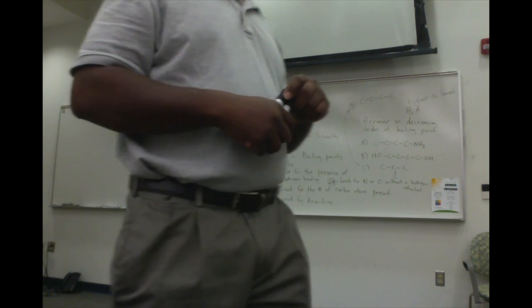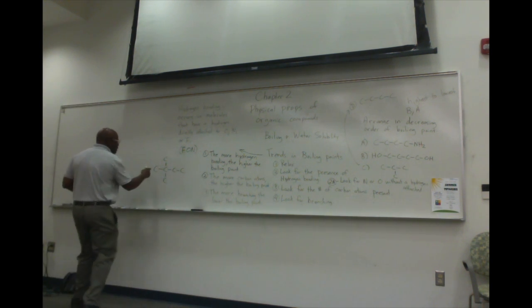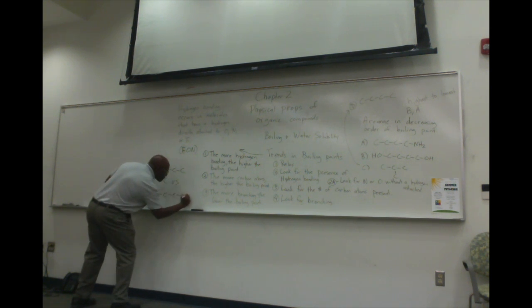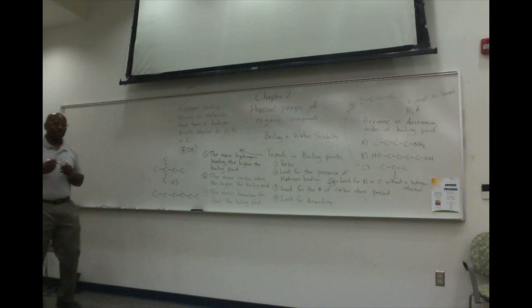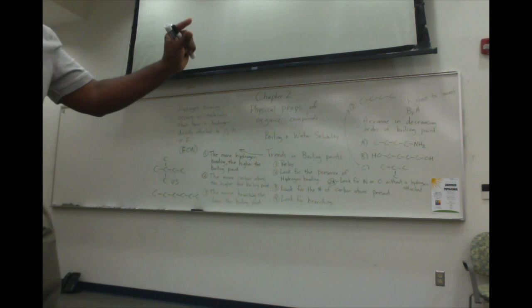So if it was 6 and it was all in one chain, the 6 that branched would be lower boiling. If I was comparing a 6 versus another 6, the branched chain 6 will be lower than the straight chain 6.